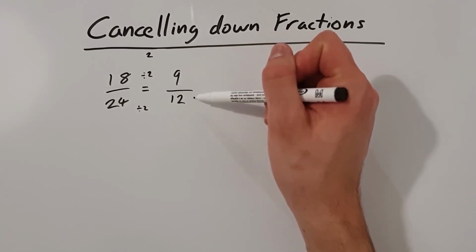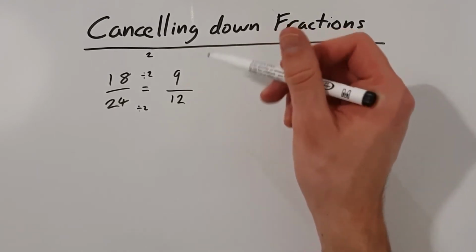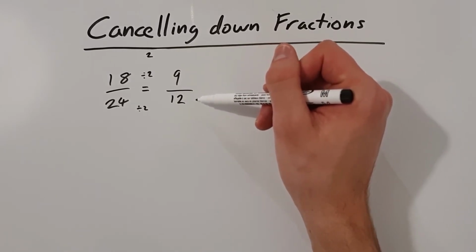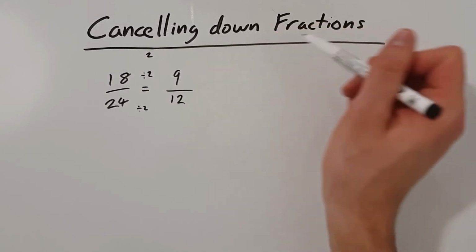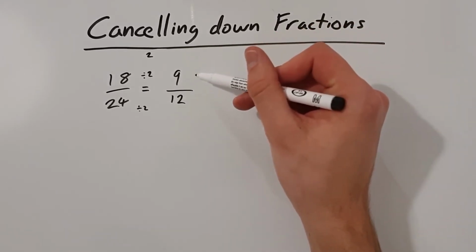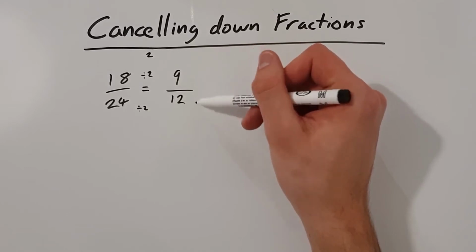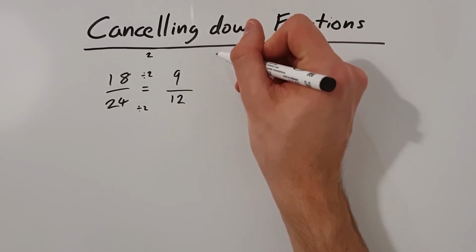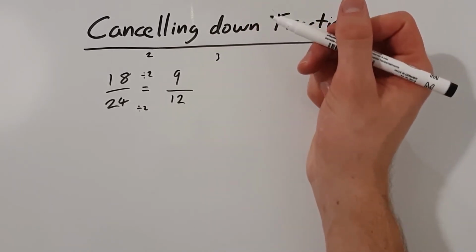But in this example, we can go one step further, because 9 and 12 also both have a common factor. And the idea of cancelling down fractions is you want to cancel them down as much as possible. So if we look at 9 and 12, we can see that they are also both in the 3 times table. So now we have another common factor between these, 3.